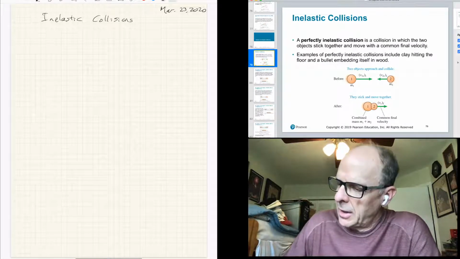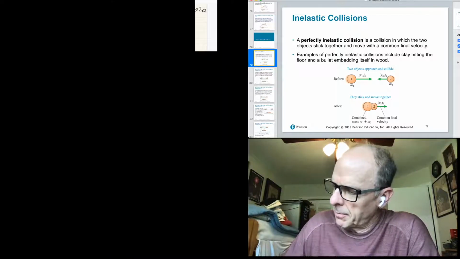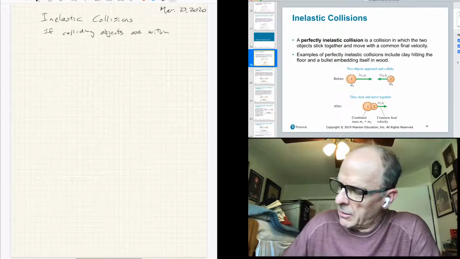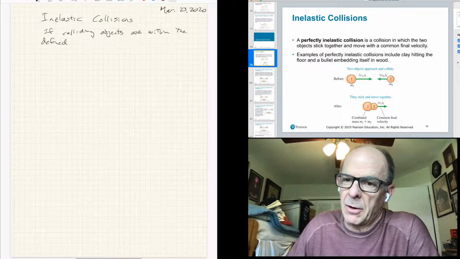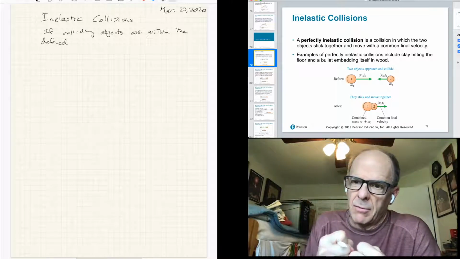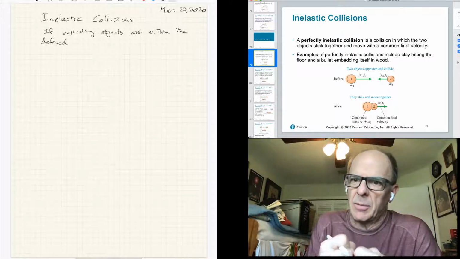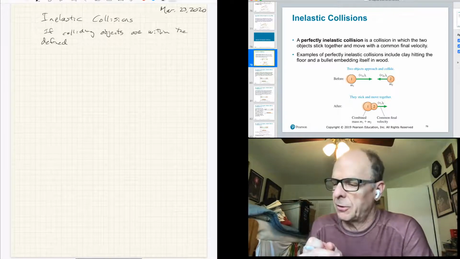And so if the colliding objects are part of your system, then the momentum of that system, the total momentum of those objects, is conserved, because the collision, that interaction, only involves forces between the objects that are within the system. It's not an external force from outside that's coming in that can change the momentum of the whole system.